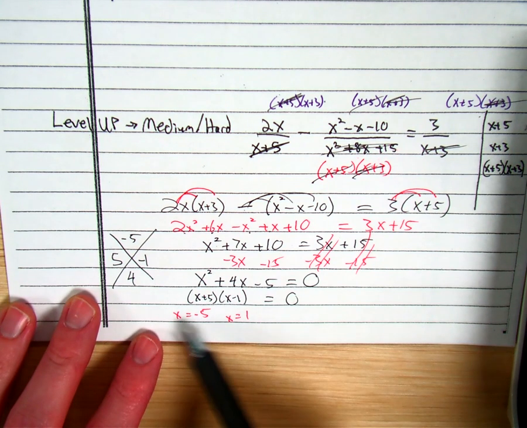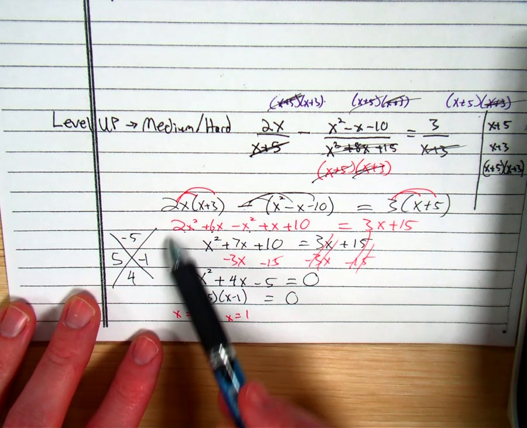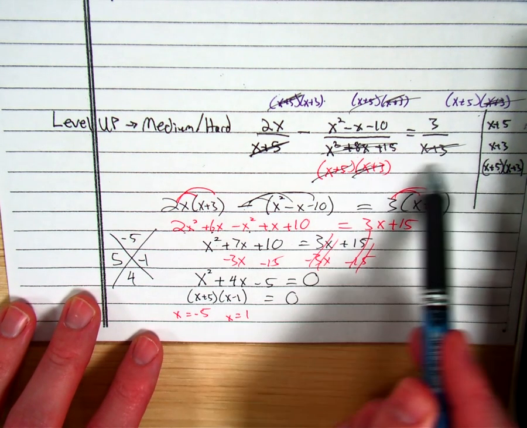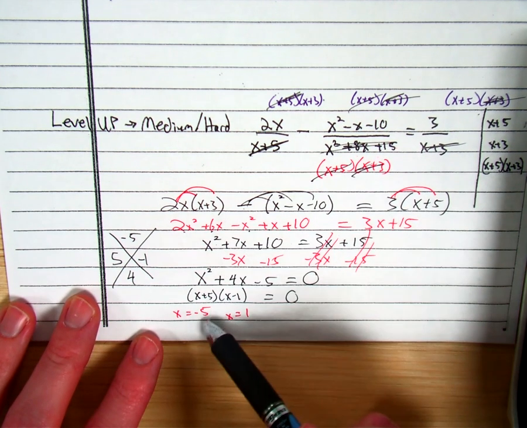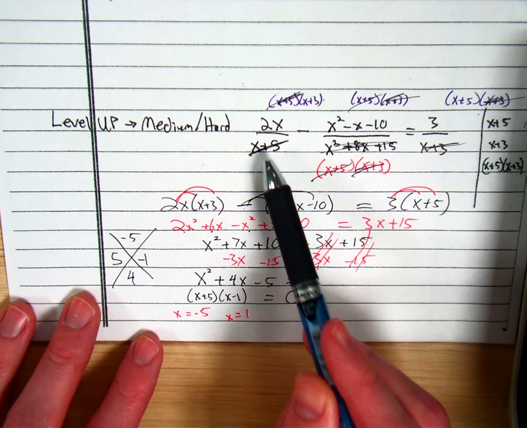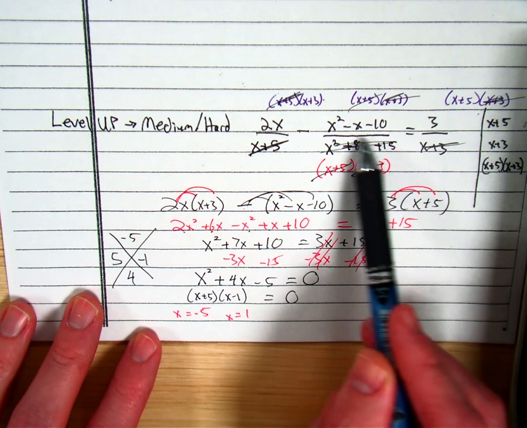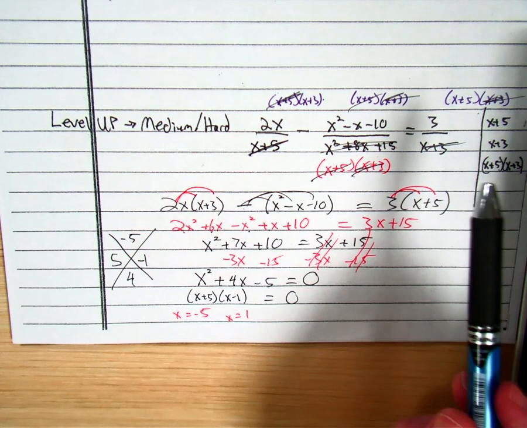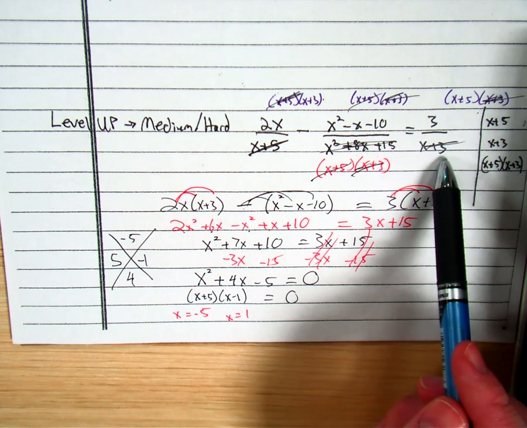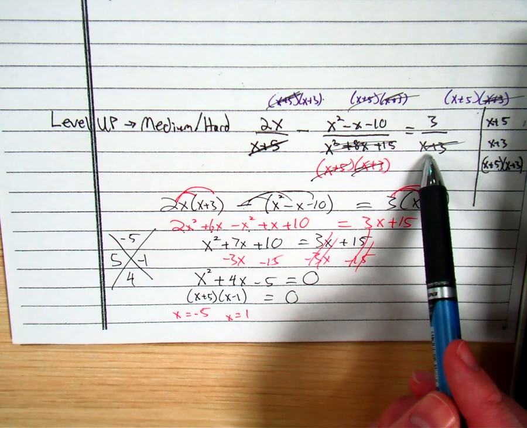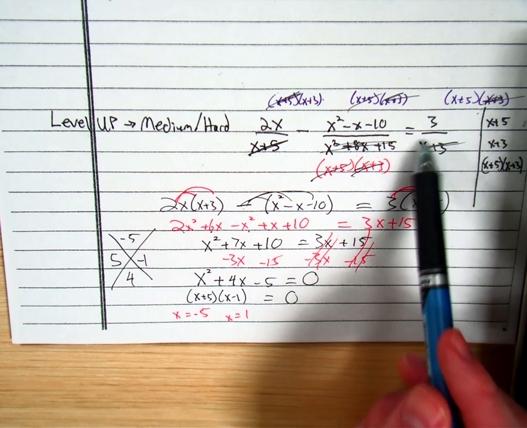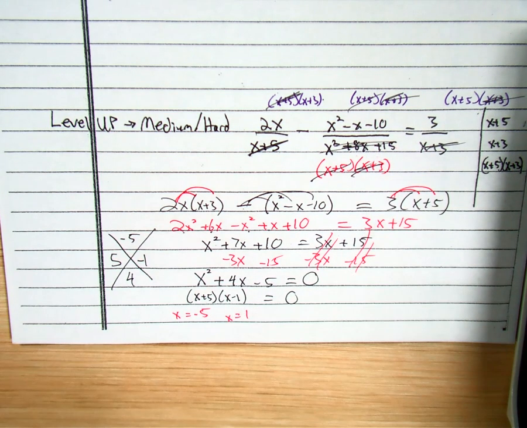Okay, we need to double check to make sure our denominators don't cancel out to 0. So when I put negative 5 in, we'll be dividing by 0 there and 0 there. And somehow it's going to be 3 divided by not 0. Okay, so negative 5 is not going to work.